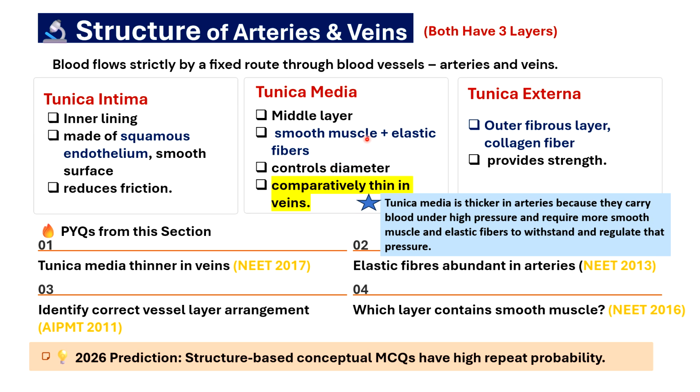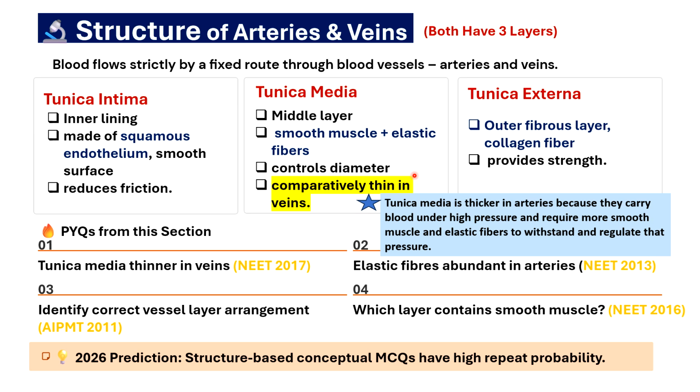Look, when the blood flows from the heart to the arteries, it flows at a very high pressure. So the vessels, if they have to withstand that pressure, need to be able to stretch themselves. That is why they have smooth muscle and elastic fibers which have the ability to stretch themselves and help in controlling the diameter.